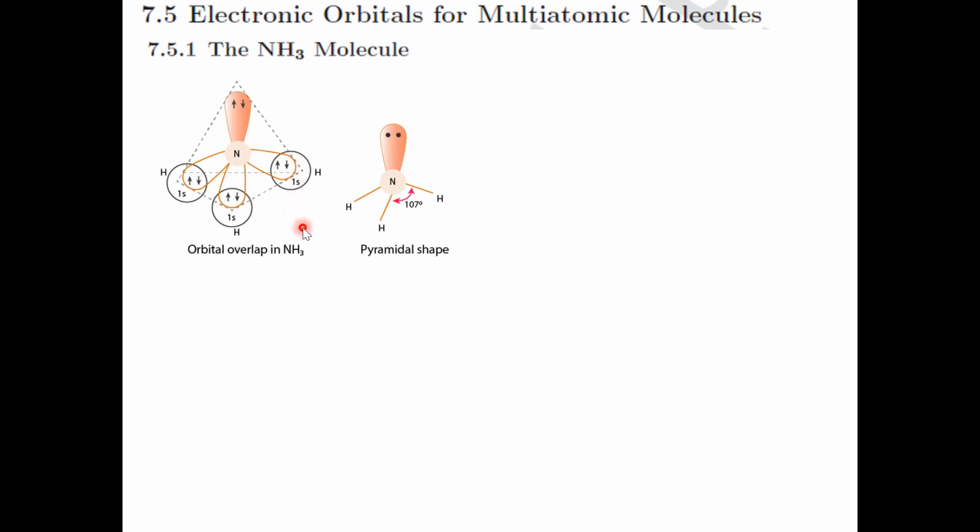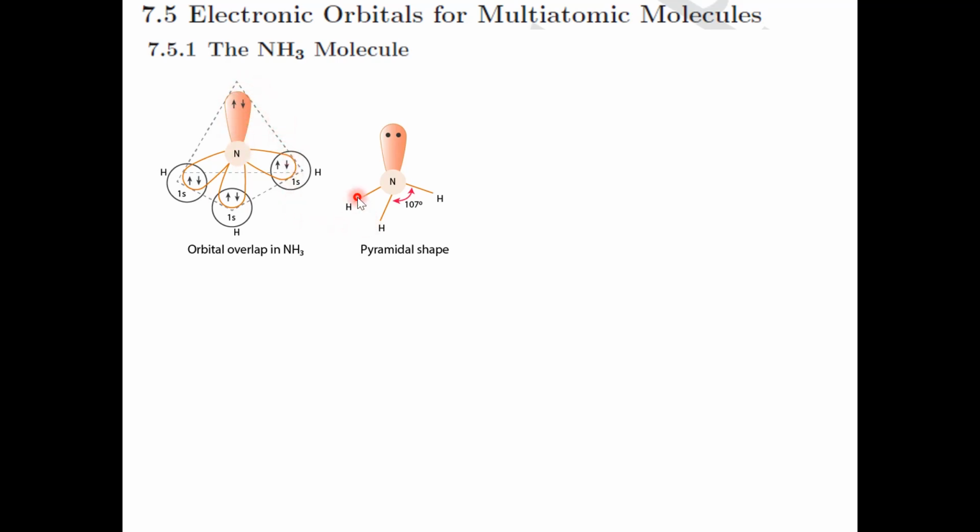And since nitrogen has 5 electrons, I can use 3 electrons of nitrogen to make covalent bonds here, and I have 2 extra electrons that actually become a lone pair state in this sp3-like vertical orbital here.